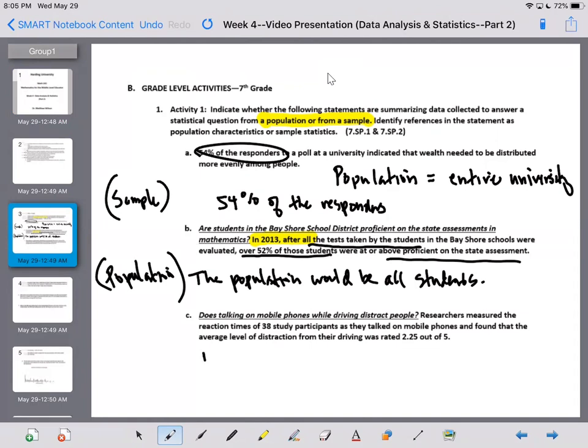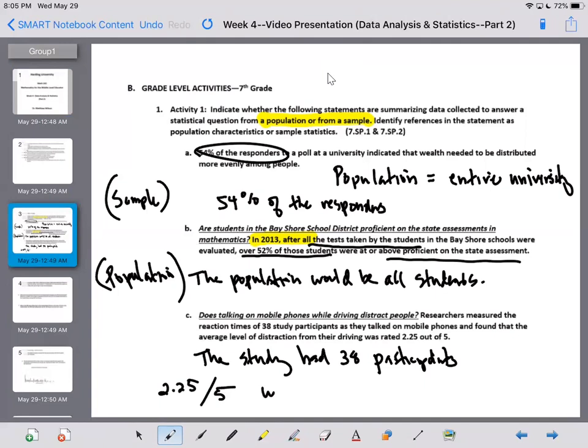So we would say that the study had 38 participants, and this is a sample because 2.25 out of 5 would be a sample statistic. So this would represent a sample.